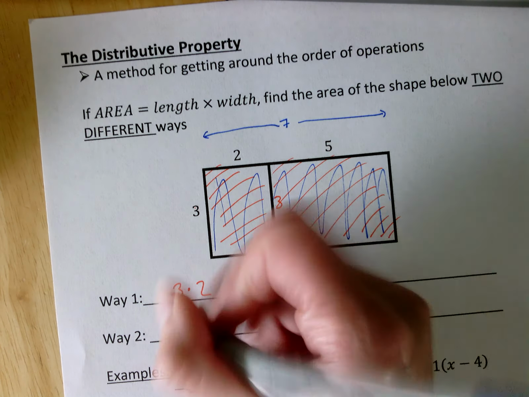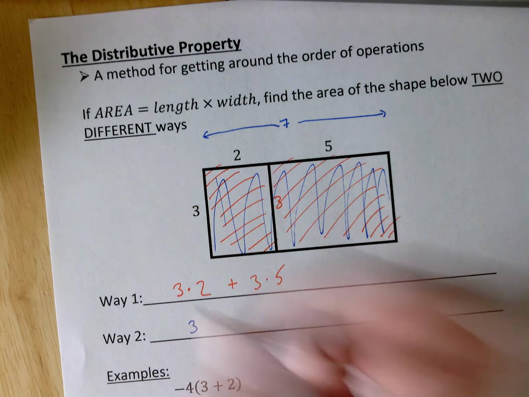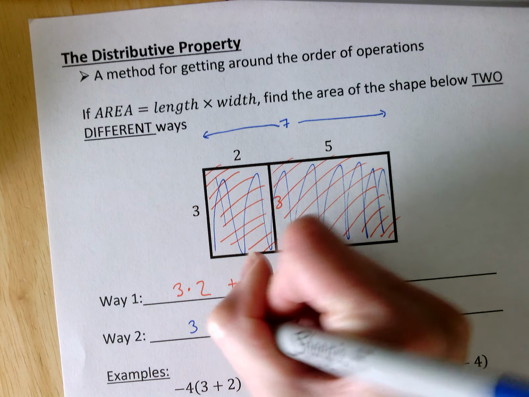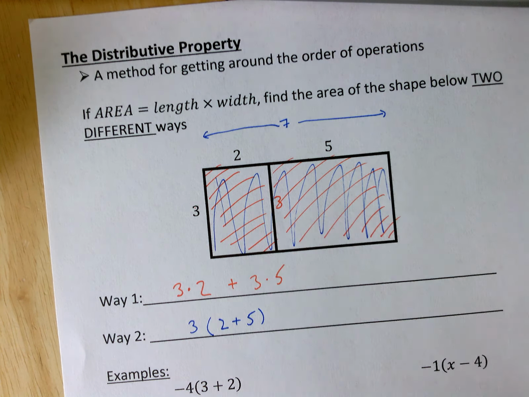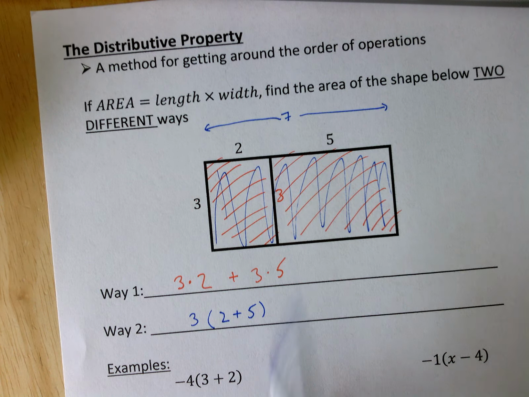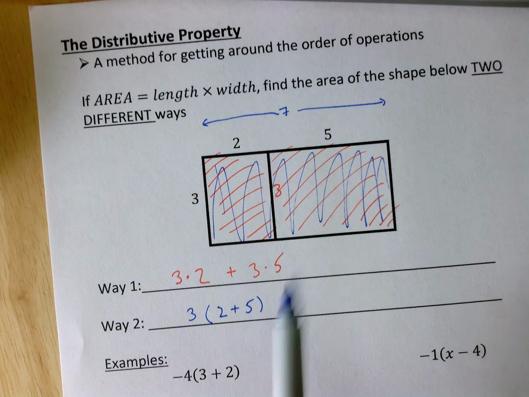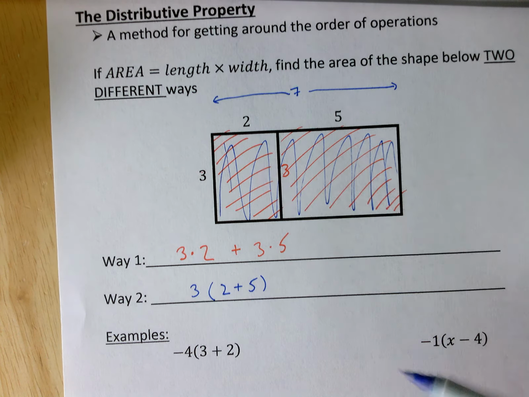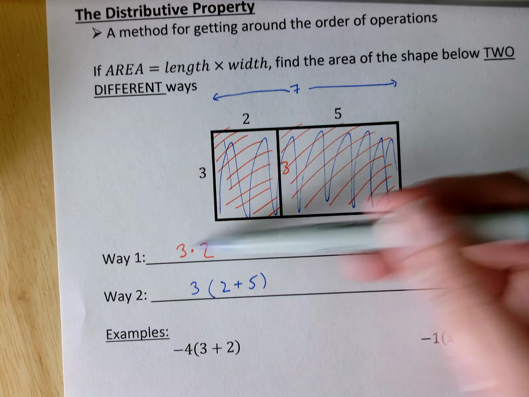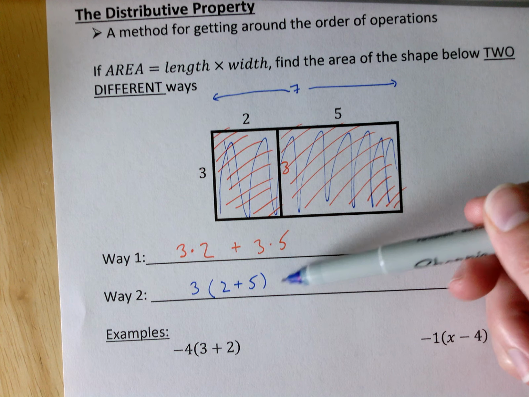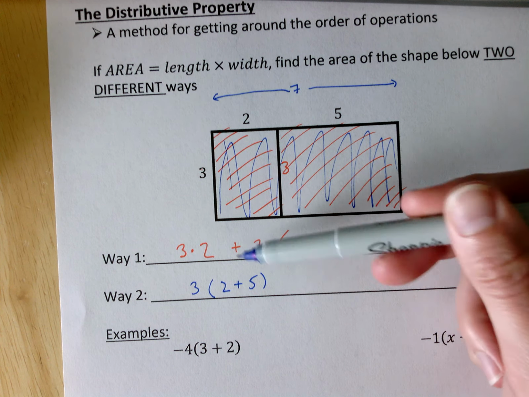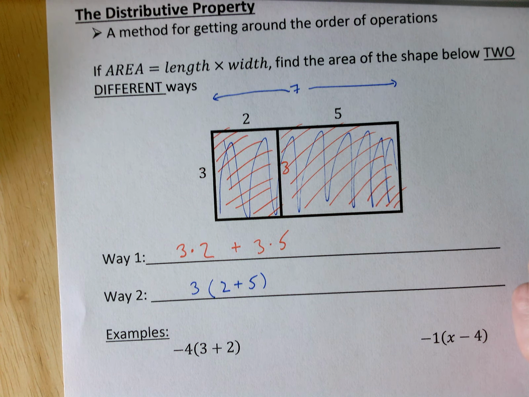So what I could do instead is multiply 3 times the quantity 2 plus 5. If I do either one of these two things, I'm going to figure out the same area for this shape. So since doing this and doing this gets me the same answer, these two things must equal each other.